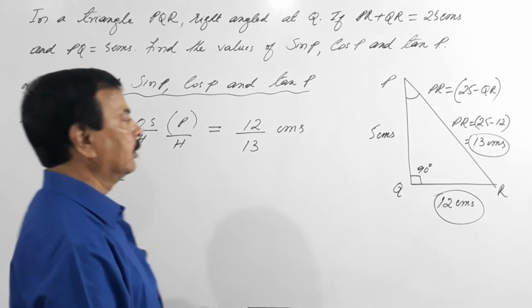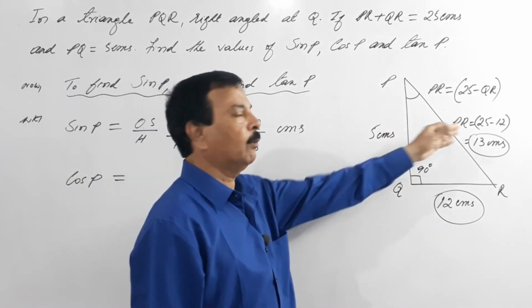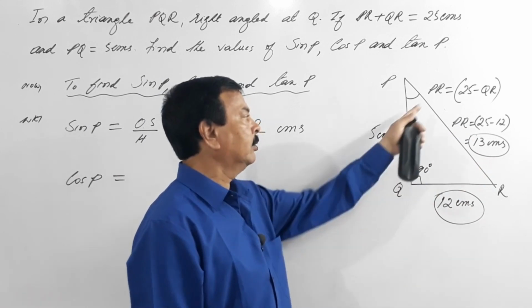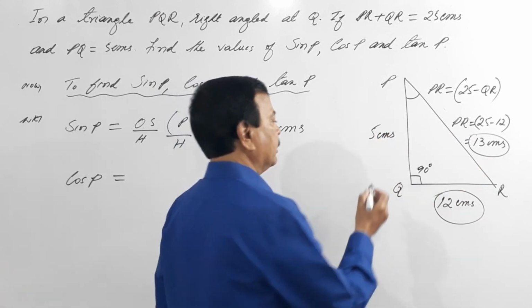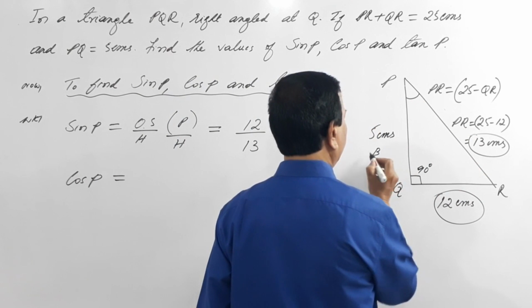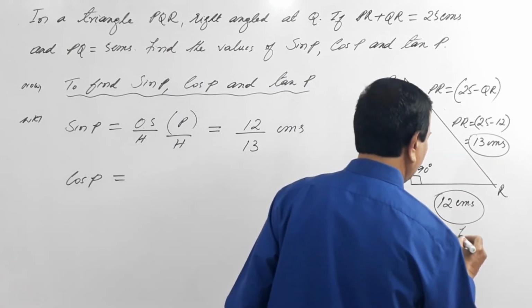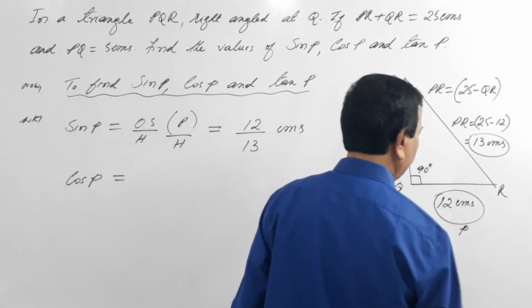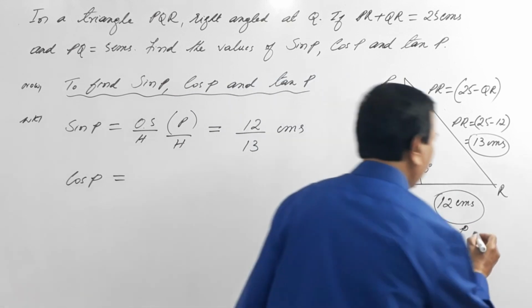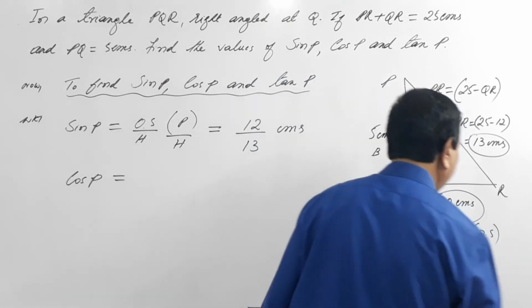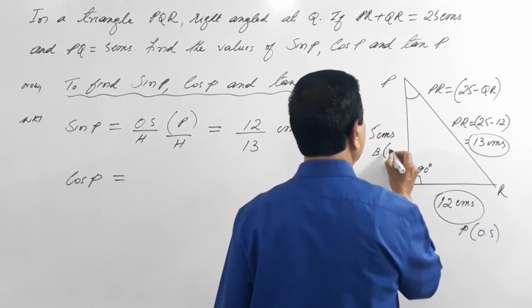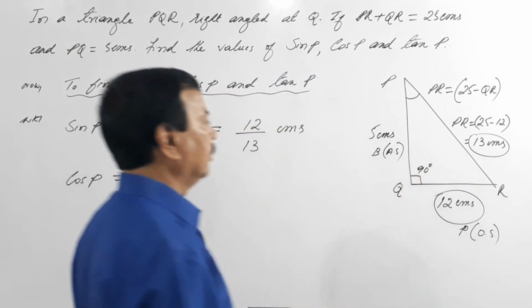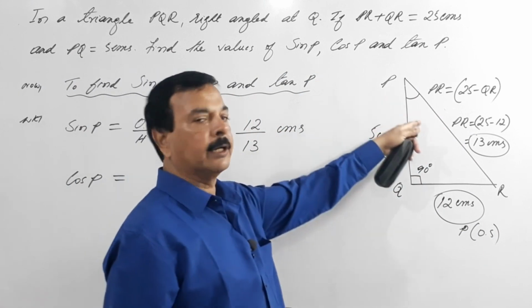So now cos P. Cos P is what? Adjacent side by hypotenuse, right? So adjacent, or you can also call this as base, and you can also call this perpendicular height or opposite side, whatever you want. For me this is adjacent side, because I have considered this as angle.